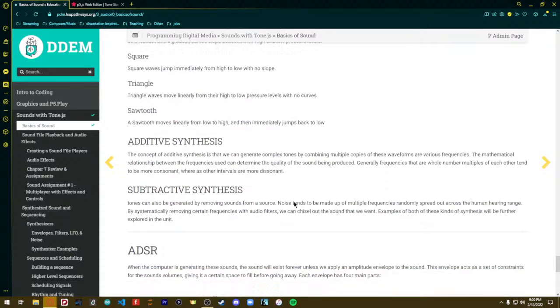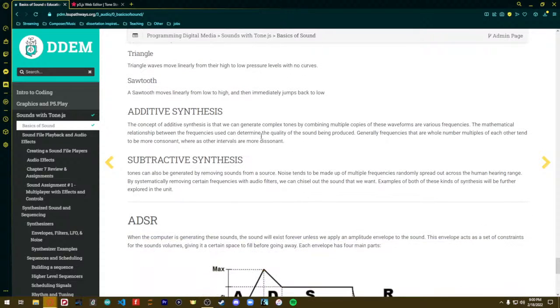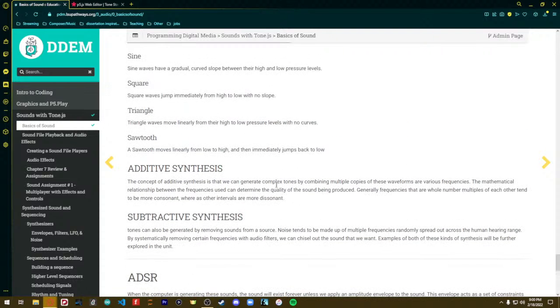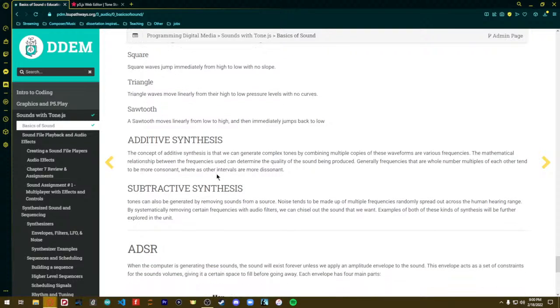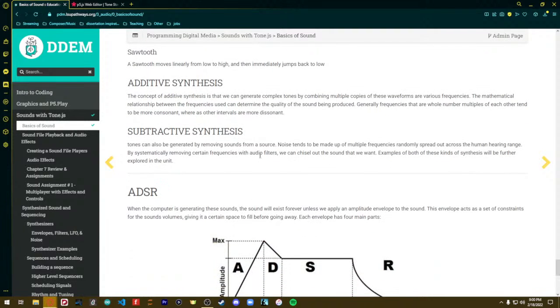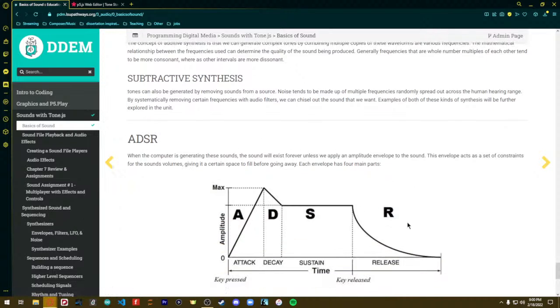The 2 different kinds of synthesis that we tend to use are additive, where you create complex sounds by combining a bunch of these small ones, or adding a bunch of sounds together, versus subtractive, where we start off with a complex sound and we remove certain aspects we don't want in order to create the sound that we do. Again, I'll go through that in a little more detail when we get into synthesizers.